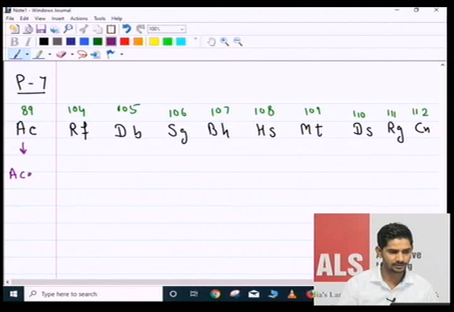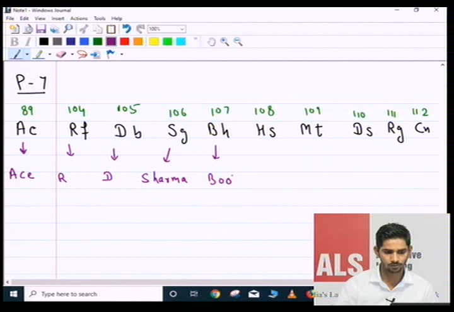This is your ACE, R.D. Sharma book has... I hope everybody has heard about R.D. Sharma.